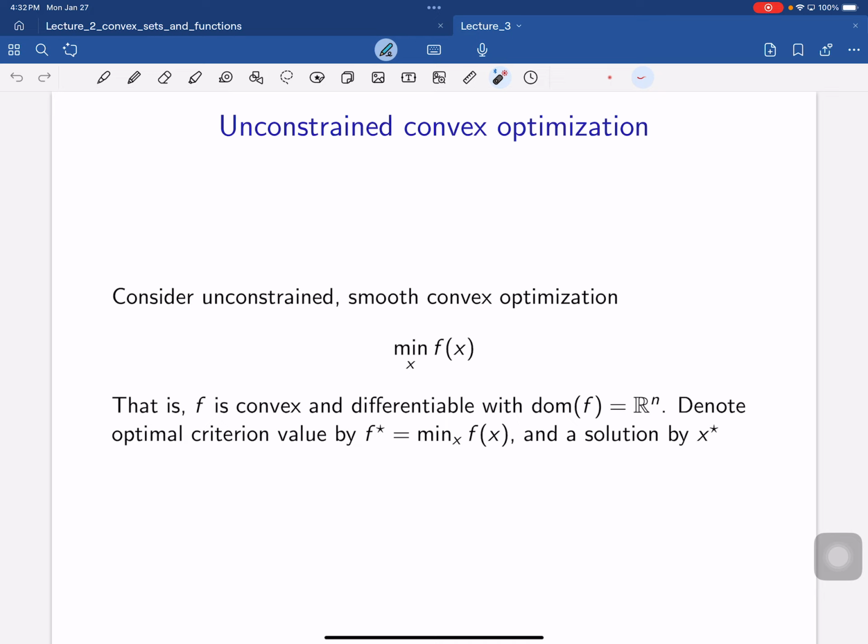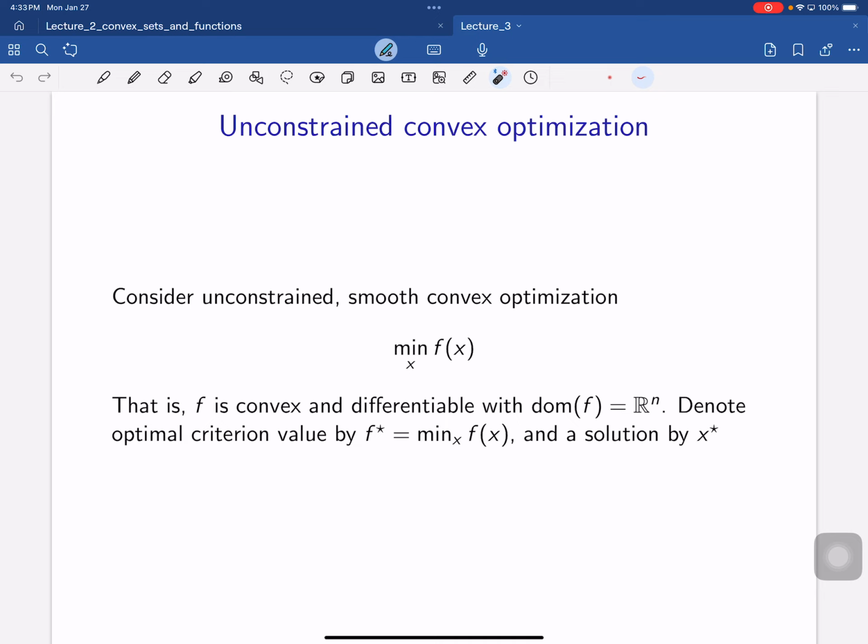So this is the simplest convex optimization problem you can think about. Now we denote the optimal value by f star and the optimal solution by x star. So this is the problem we will consider in this lecture.